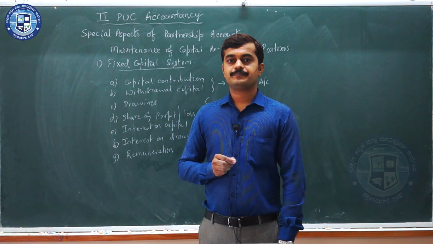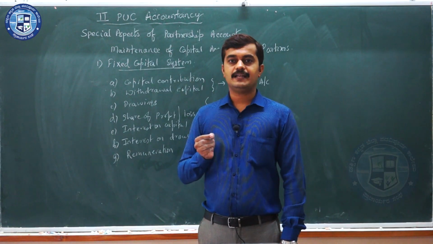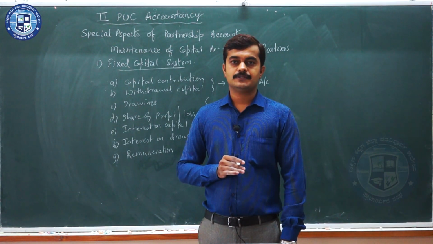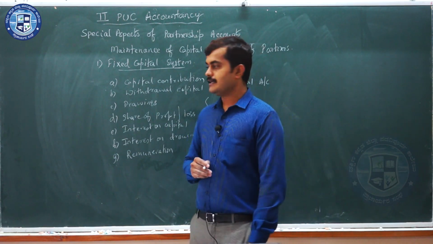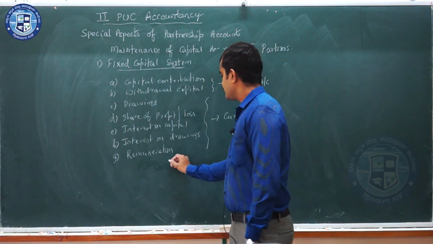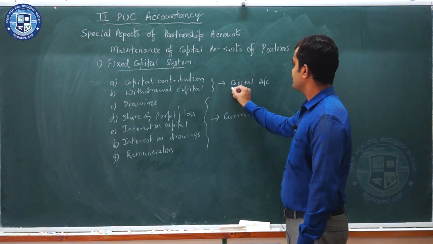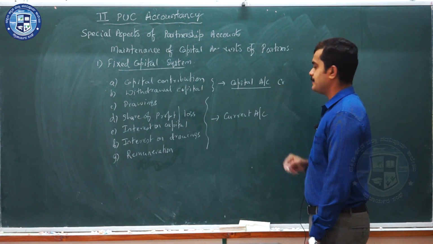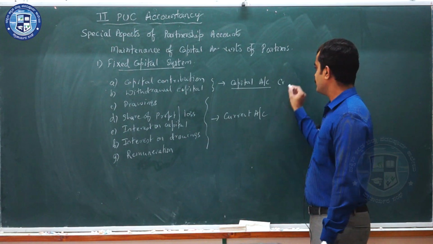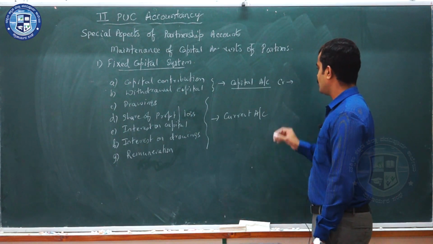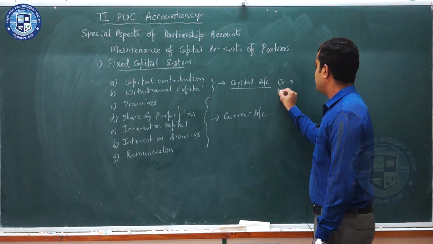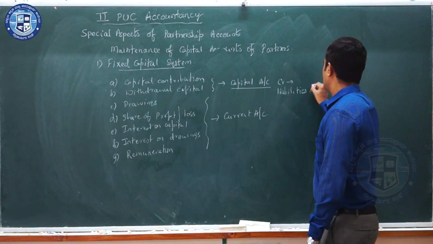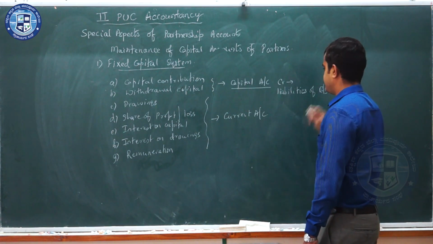Now coming to the nature of balance shown by current account and capital account under fixed capital system. Under fixed capital system, capital account will always show credit balance, and therefore it will be shown on the liability side of balance sheet.